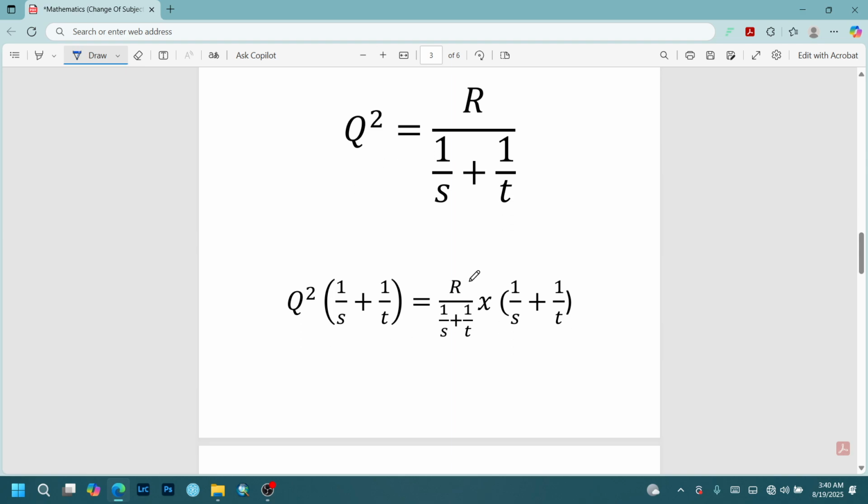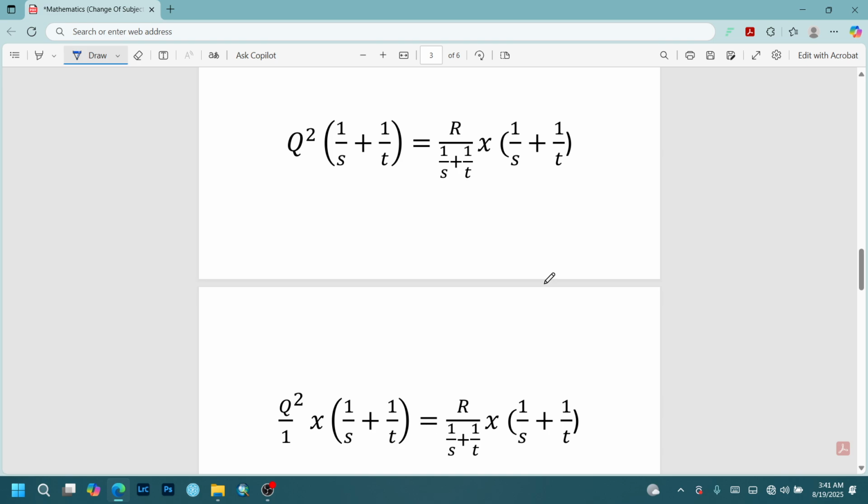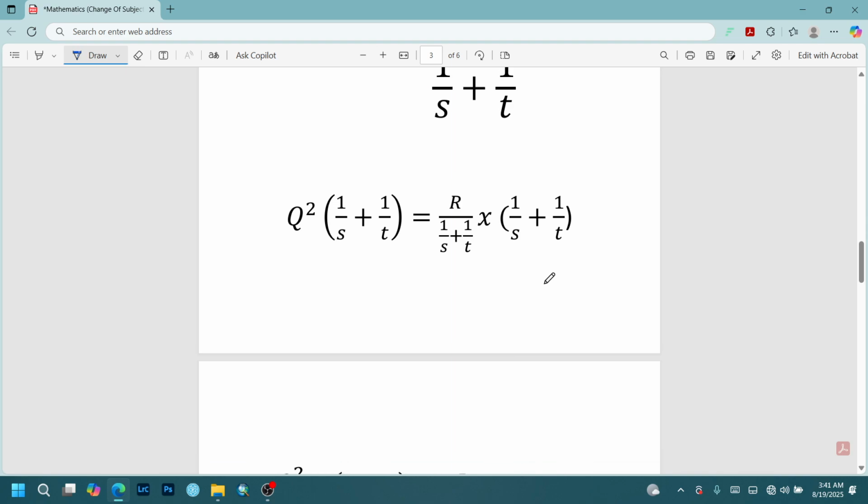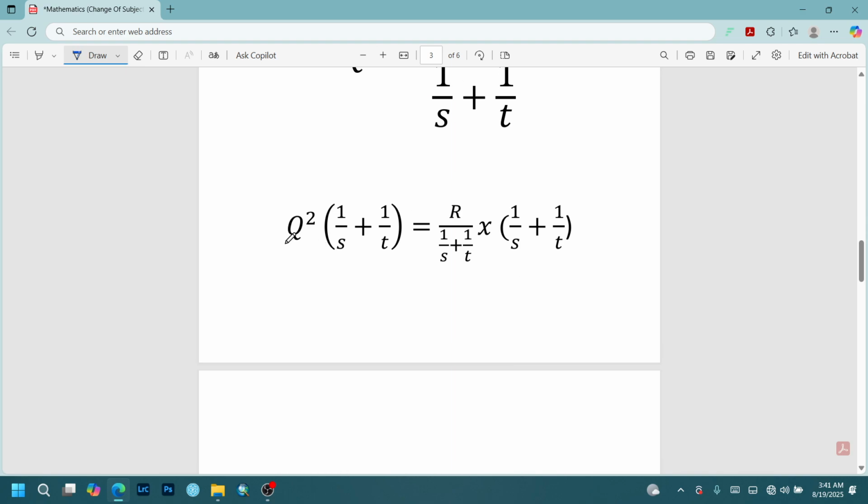So we are going to have our new equation to be Q square multiplying the fraction 1 over S plus the fraction 1 over T, all in bracket, equals the fraction R over the fraction 1 over S plus the fraction 1 over T multiplying the fraction 1 over S plus the fraction 1 over T, all in brackets, right? So every number is divisible by 1, right?